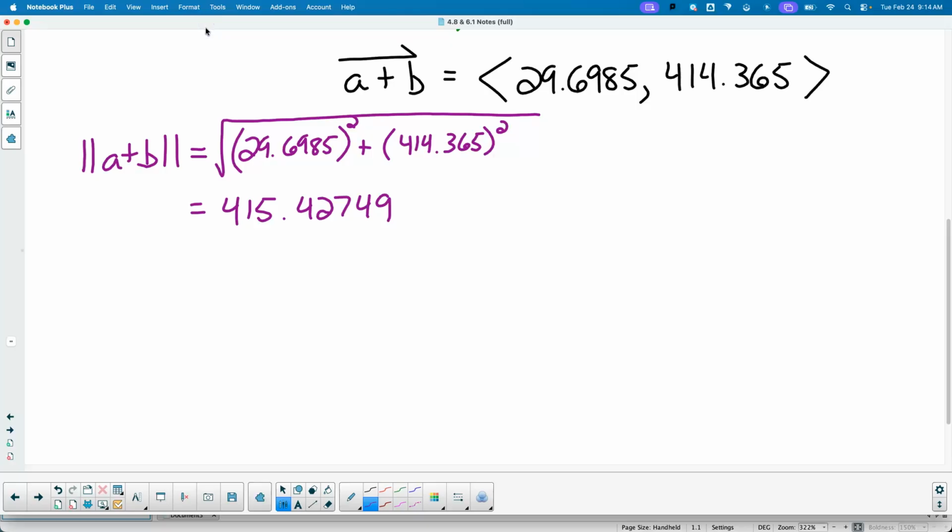And then A plus B is in quadrant number 1, so I can go right to A plus B's direction angle. I don't have to use reference angles because it is in quadrant number 1.